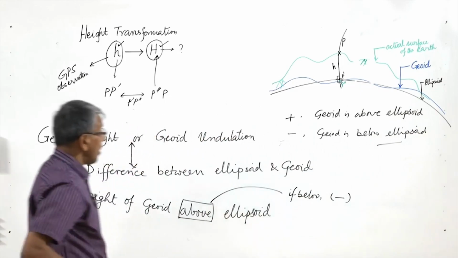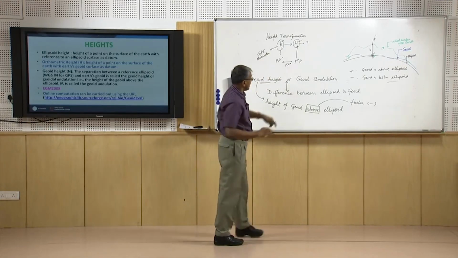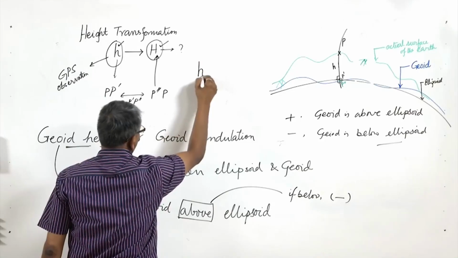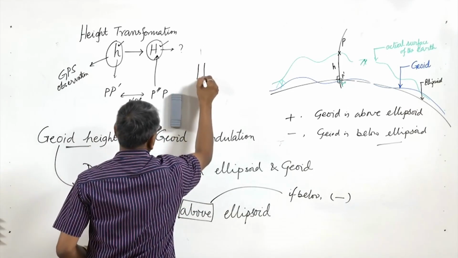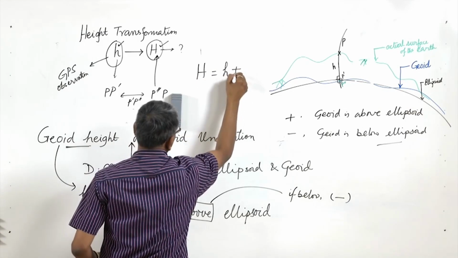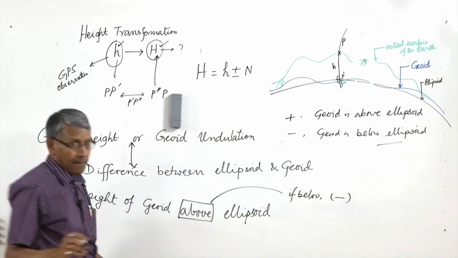Anyway, so what we can see now is that capital H is small h plus minus N.